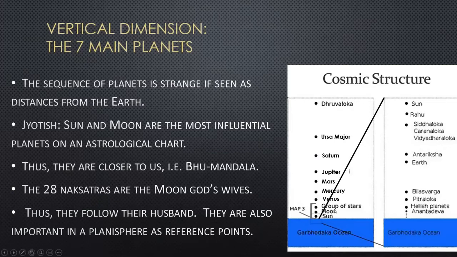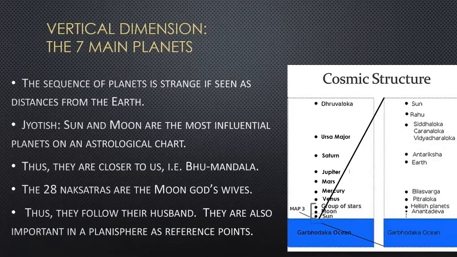If you take the sun and the moon, according to Jyotish, according to astrology, they are said to be the most influential planets on the astrological chart. So it would make sense that they are closer to us, Bhumandala, because they are most influential. And then the group of stars, the 28 nakshatras, these group of stars that define the path of the moon.